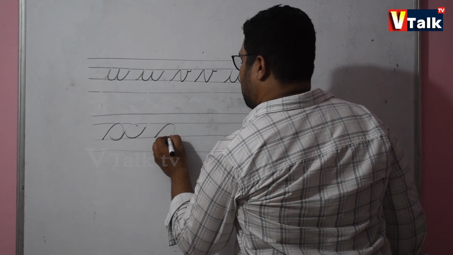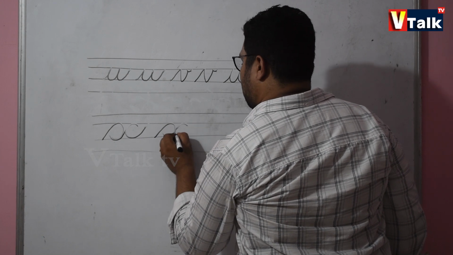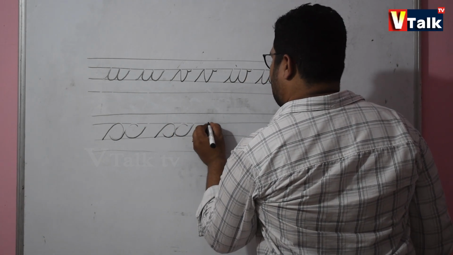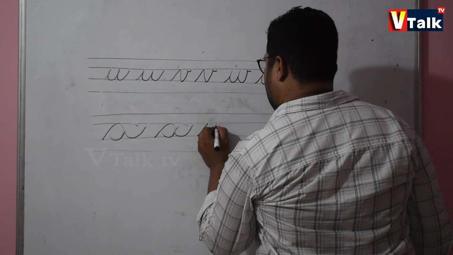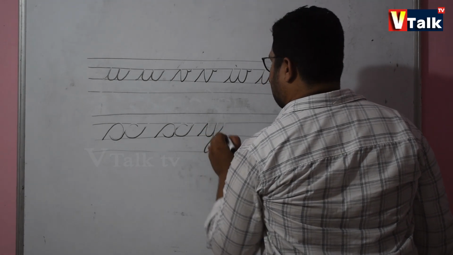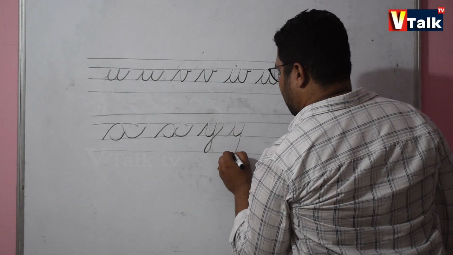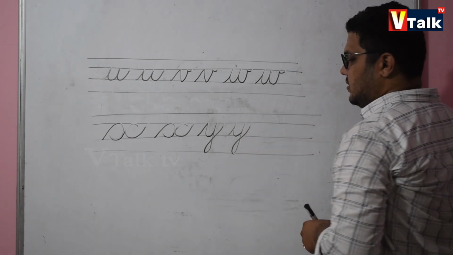Writing opposite C stroke, normal C stroke, ending here. Y: slant stroke, U curvature, and a descender loop like this. Slant stroke, U curve, and a descender loop like this.